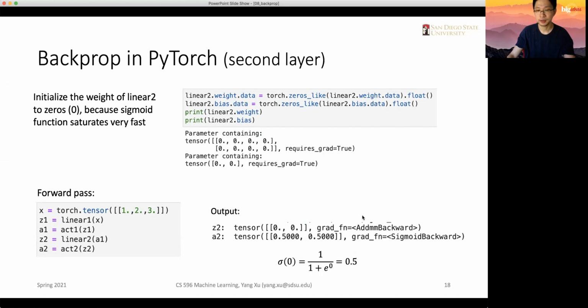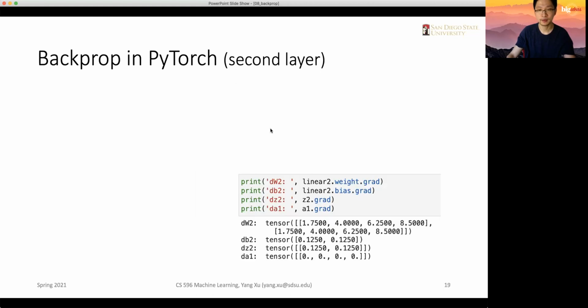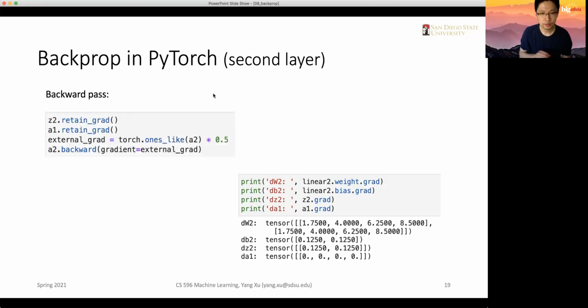Here it explains why the output is 0.5. So let's call the backward pass. This time we want to examine the gradients for the intermediate variables, A1 and Z2 in the middle, not the inputs.